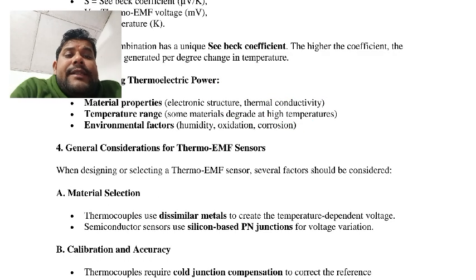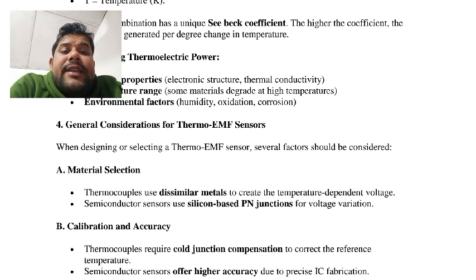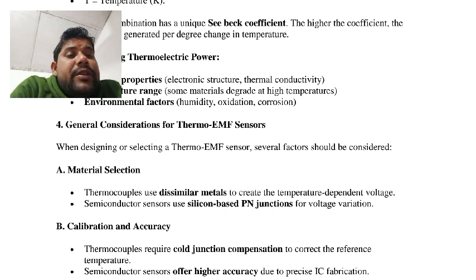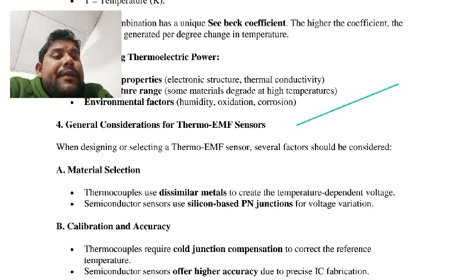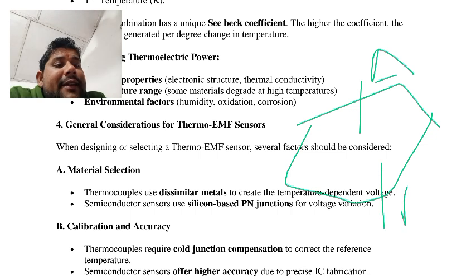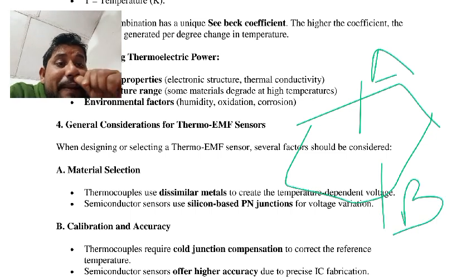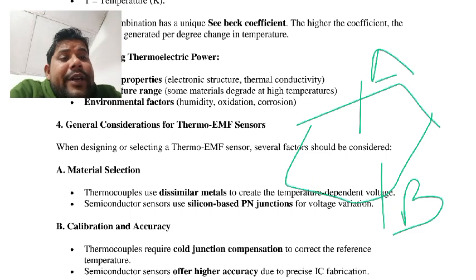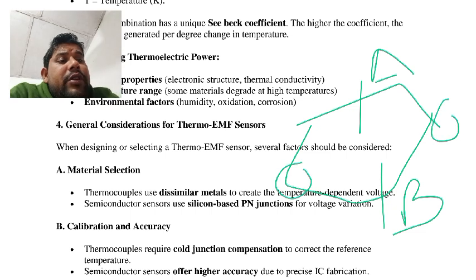General considerations for thermo EMF: when designing or selecting a thermo EMF sensor, several factors should be considered. For material selection, a thermocouple uses two dissimilar metals, metal A and metal B. These create a temperature difference voltage. How do they create the voltage?